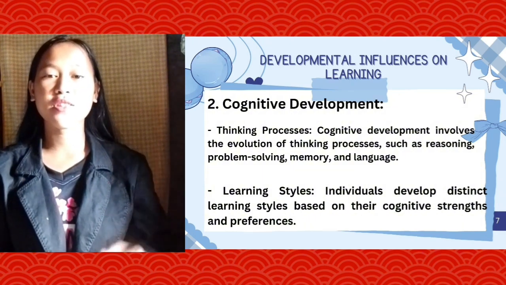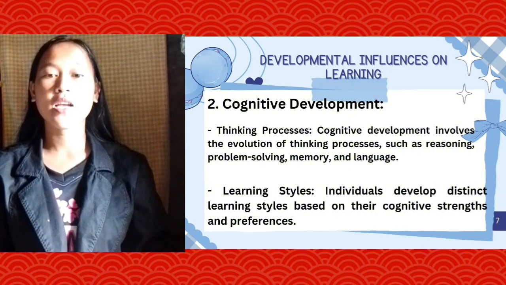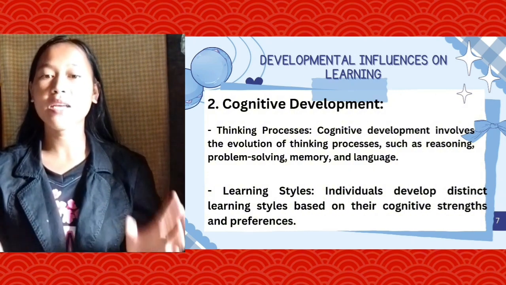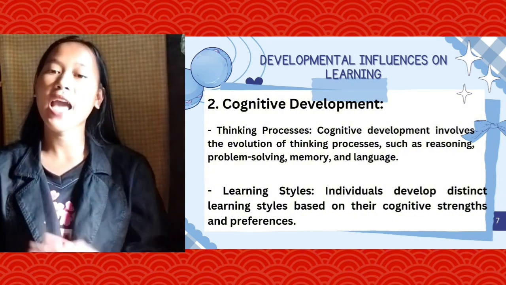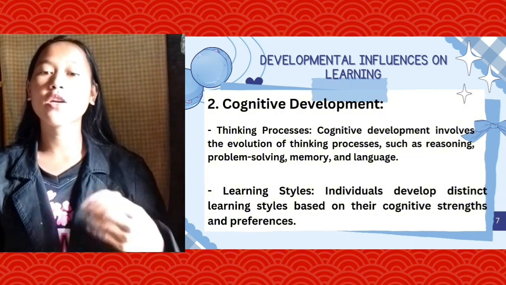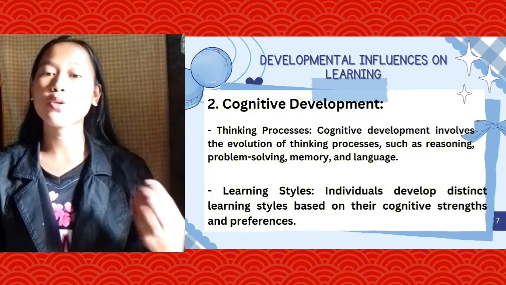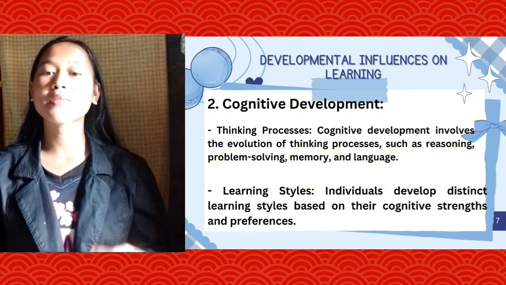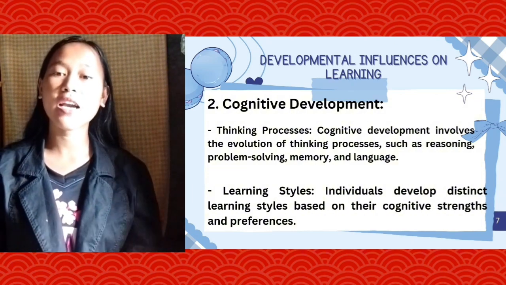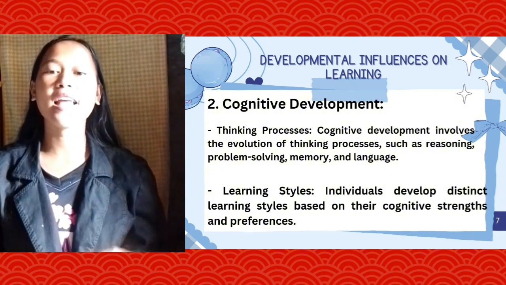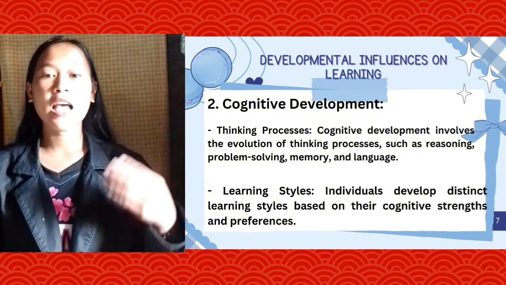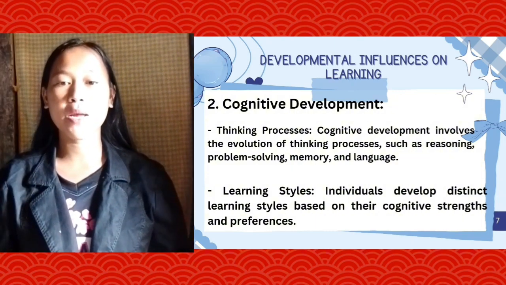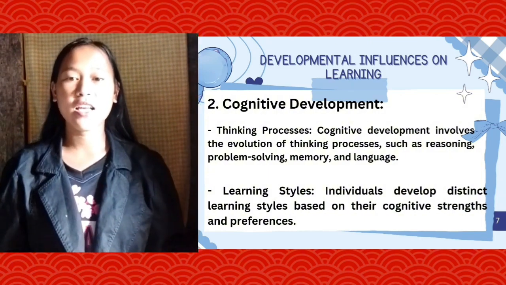Thinking processes: cognitive development involves the evolution of thinking processes such as reasoning, problem solving, memory, and language. Cognitive development is a continuous process that shapes how children think, learn, and interact with the world. By supporting the development in these areas, we can help them become independent in learning styles.